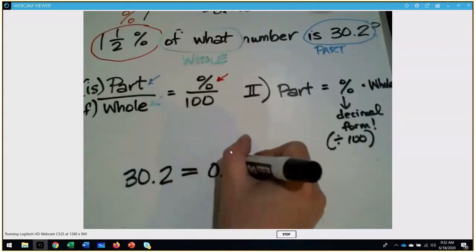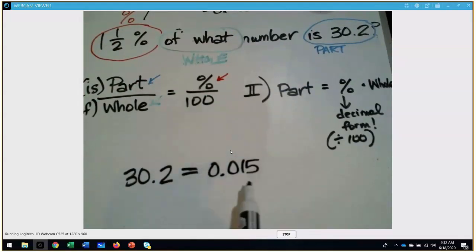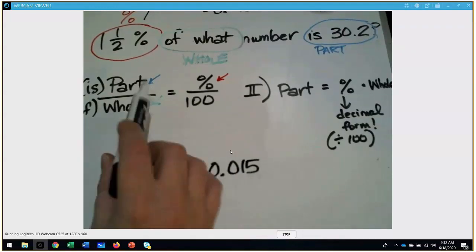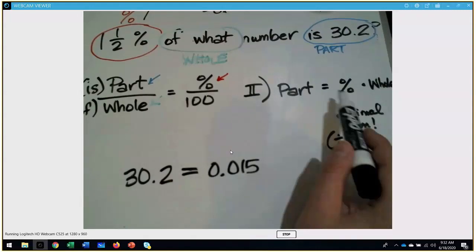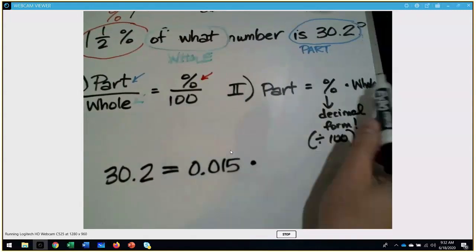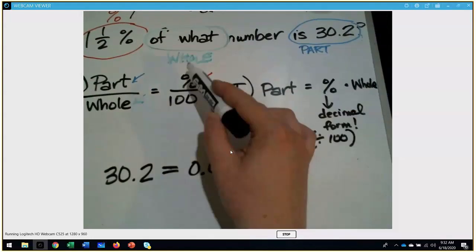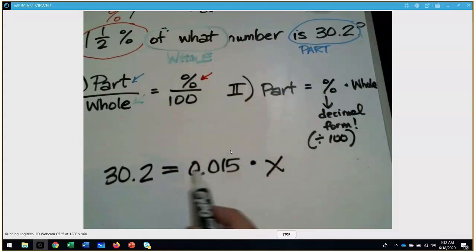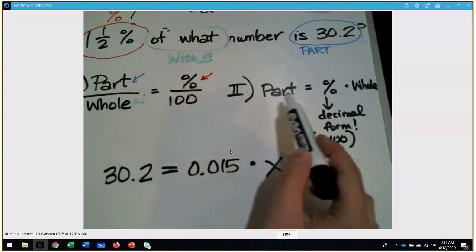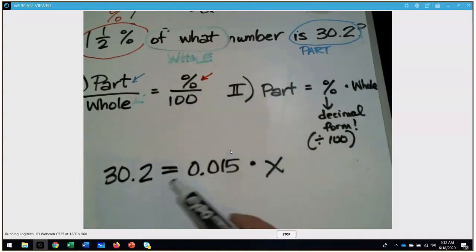Because of all of this pre-work that we're doing before we can even solve this, most people don't like this method. They prefer the first method, and that's perfectly fine. You can do it either way. Now we're going to multiply that times the whole thing, which was what we did not know. Here is my method 2 formula substituted in, and then I'm going to clean this up and solve it.